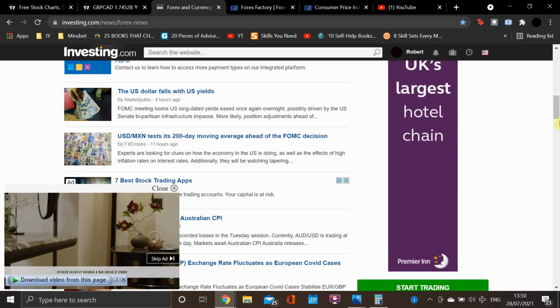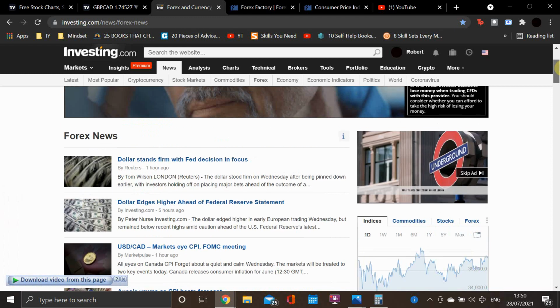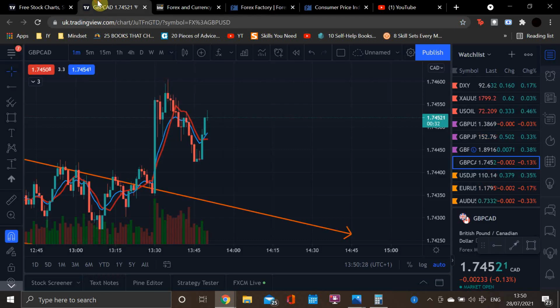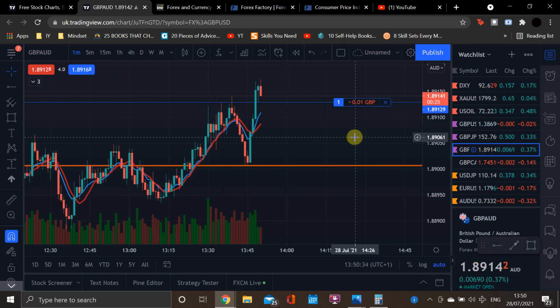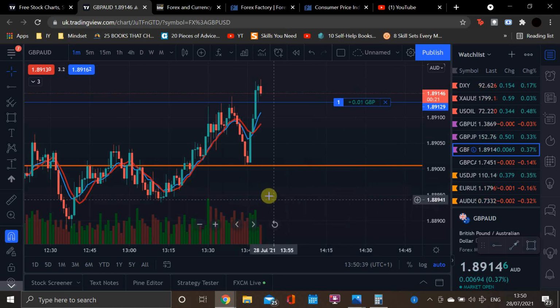And let me not bet against GBP CAD at the moment. GBP AUD, I've moved my stop loss high, so if it goes below this low, then I'll definitely take my loss.